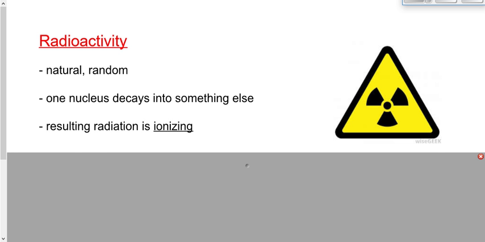Cancer can develop from radioactive poisoning. Sometimes death happens if the radiation poisoning is severe enough within a very, very short period of time. All kinds of crazy things can happen because these ions cause chemical reactions that aren't supposed to happen. And then they do funny things to our body as a result of that.